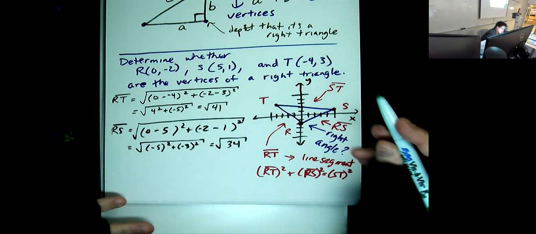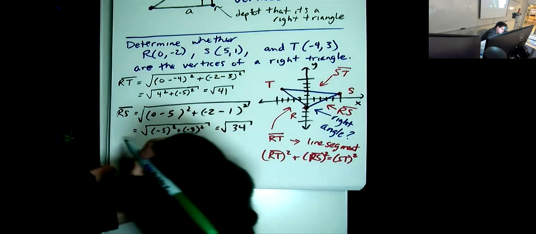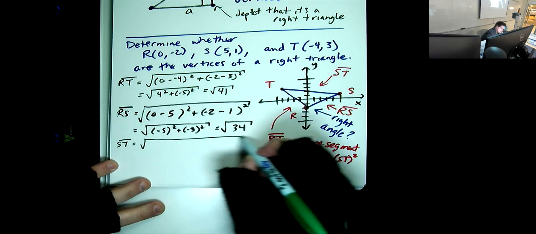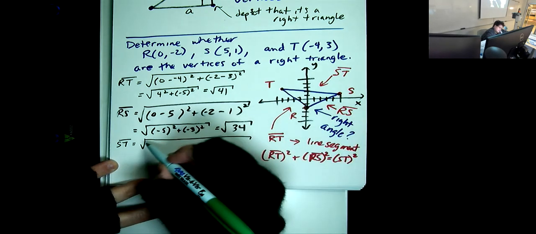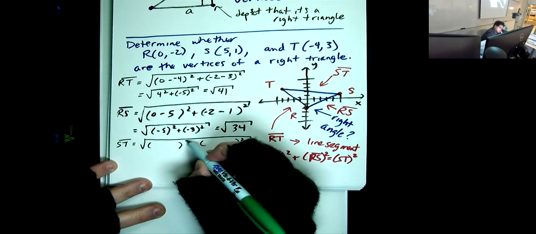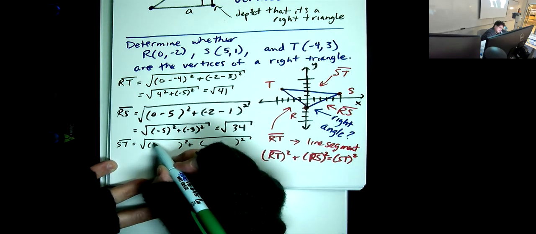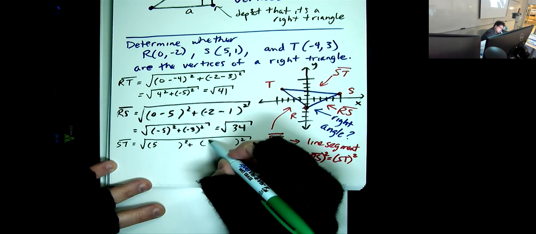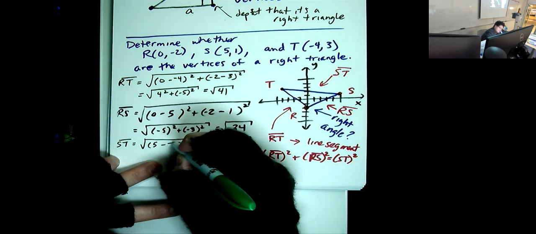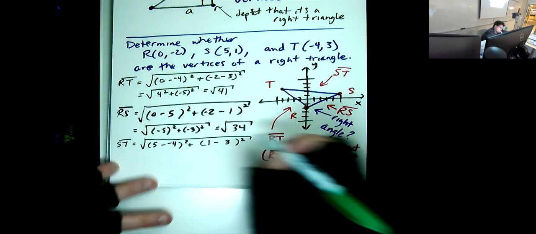Finally, we'll look at ST. So I got 5 is the x2 and 1 is y2. And T has -4 and 3.